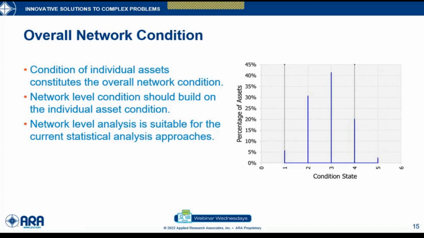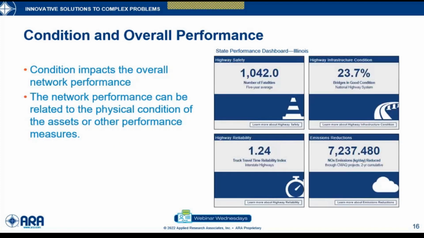And that would affect basically performance or improvement plans that we will talk about towards the end of this presentation. So keep in mind the concept of propagation, start from the individual asset, and collectively that would give you the performance at the network level. Keeping track of that connection is important when it comes to basically improvement plans.